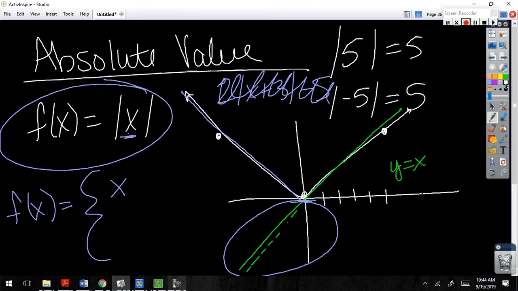That portion of the green line is still there when x is positive, right? Does that make sense? So when x is greater than or equal to 0, it's still that line, right? But what about when x is less than 0? It would be negative x.